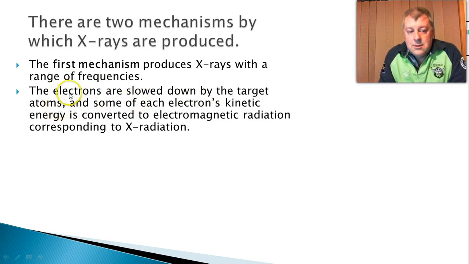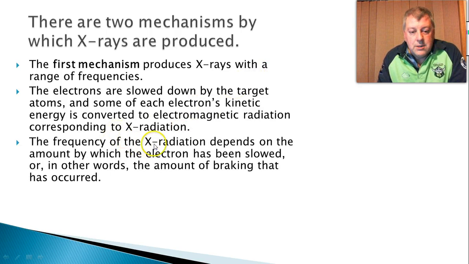So they enter the tungsten target and they get slowed down. Because the electrons have a massive amount of kinetic energy before they're slowed down, the loss in kinetic energy is converted to electromagnetic radiation, and that corresponds to X-rays in the electromagnetic spectrum.